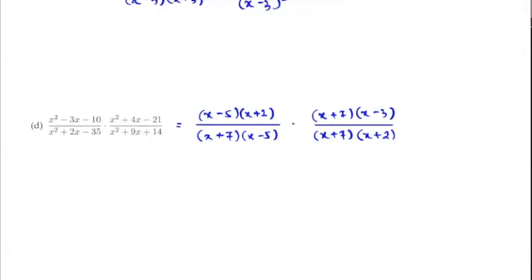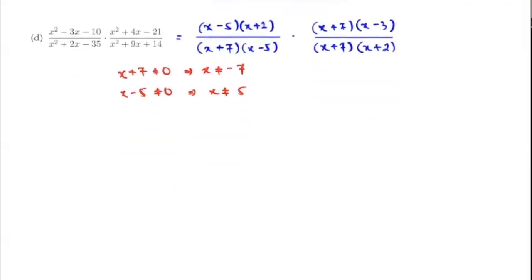Now conditions. So x plus 7 different from 0 implies x different from negative 7. X minus 5 different from 0 implies that x different from 5. Then x plus 7 different from 0, but we got that already. So we're good. Then one more condition, x plus 2 different from 0 implies that x different from negative 2.